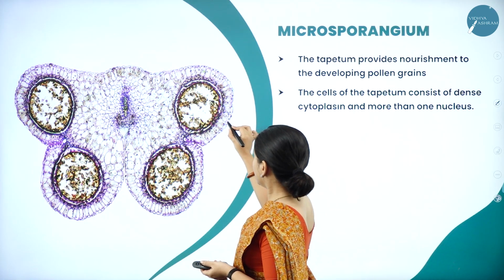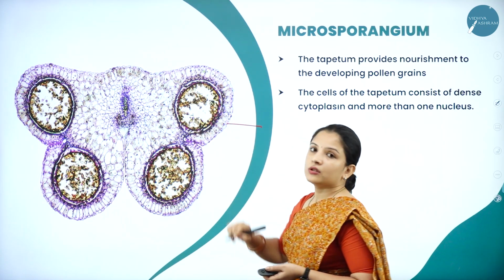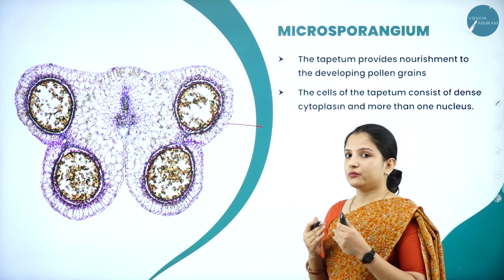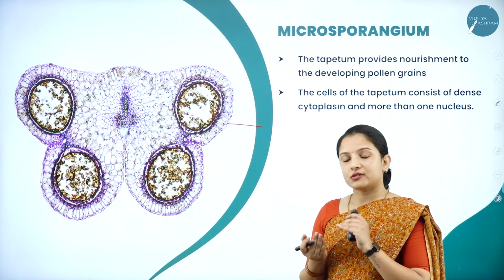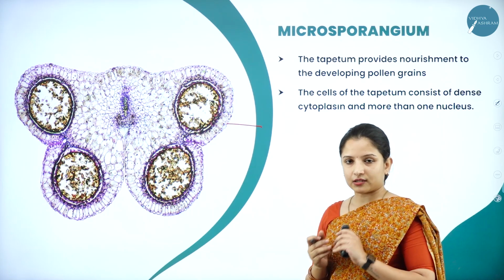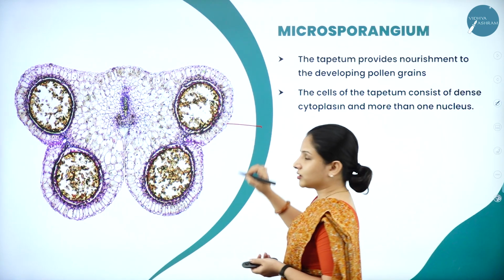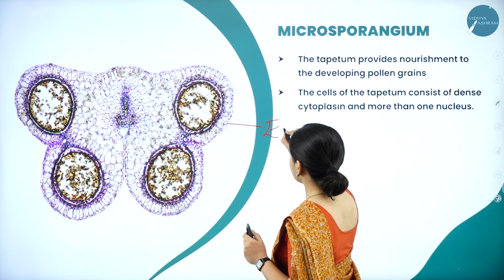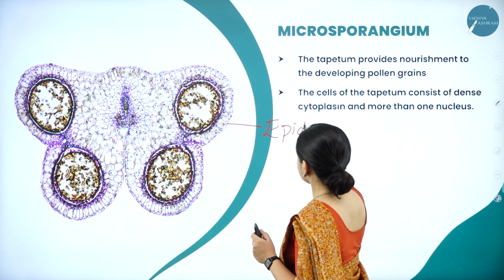So you can see here, this is how a microsporangium occurs under the microscope. So when you take a cross section or a transverse section of the anther and observe, this is how the microsporangium occurs. So you can see the outer layer. I'll repeat again. You can see the outer layer, which is the epidermis.